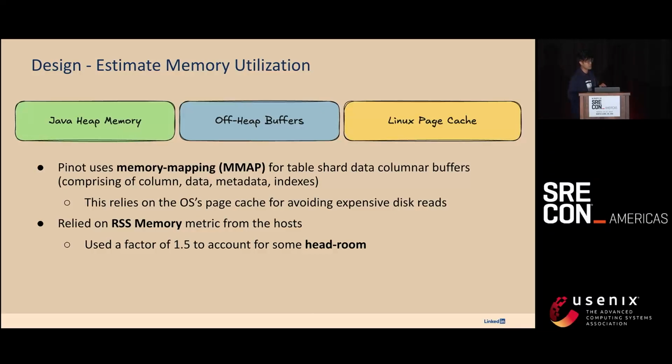In the first version, we actually tried to figure it out, but due to the lazy eviction of these pages, you don't really know which pages are really used and which are not. So we use this factor on the RSS memory to give some headroom for the memory map section as well.